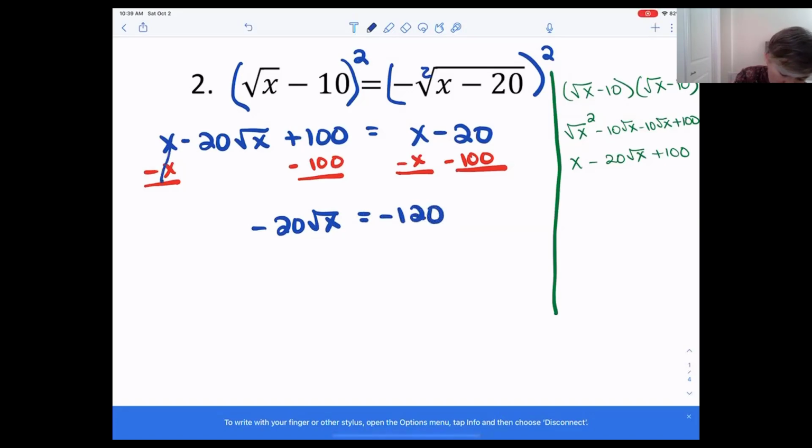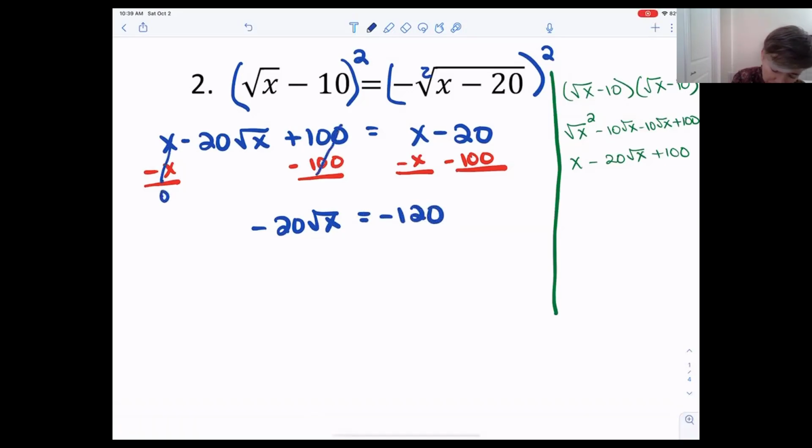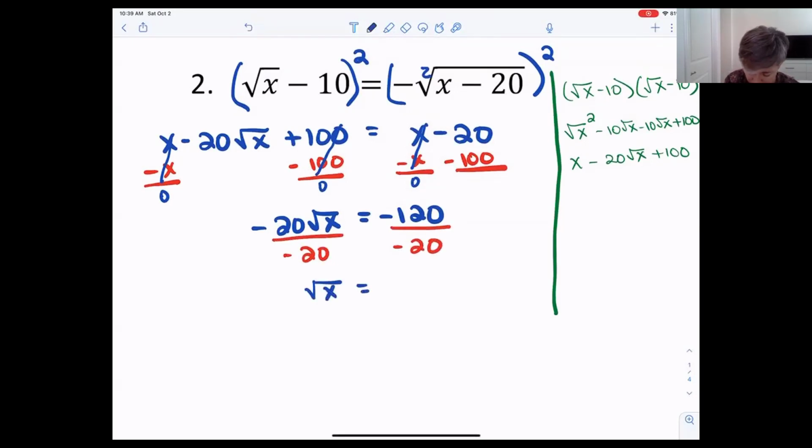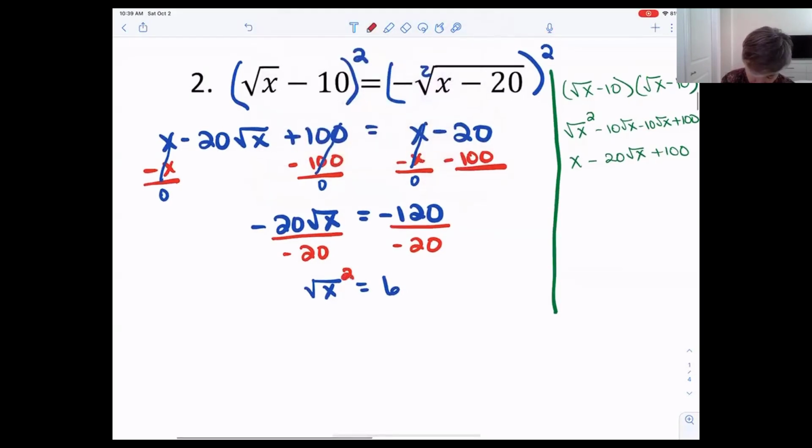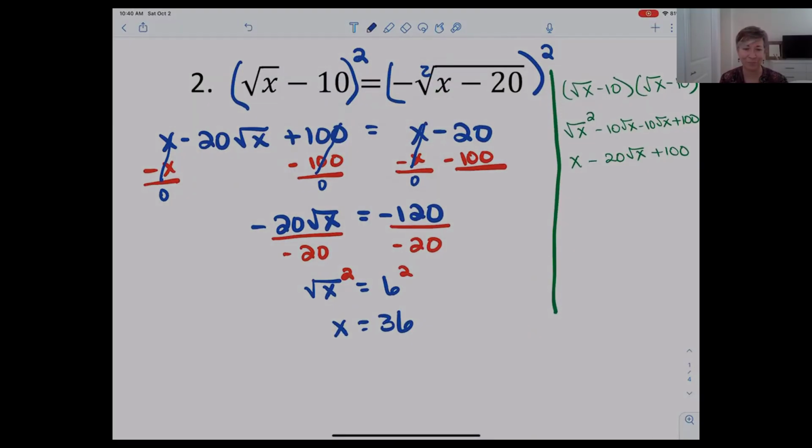So notice these 2 x's subtract to 0 and these 2 hundreds add up to 0. We still need to get rid of that negative 20. So when we divide both sides by negative 20, we would be left with the square root of x equals a positive 6. And now we get rid of that square root by squaring both sides. And we get x equals 36.